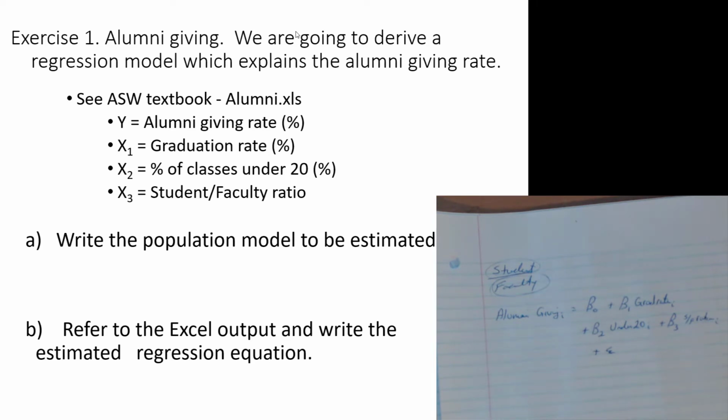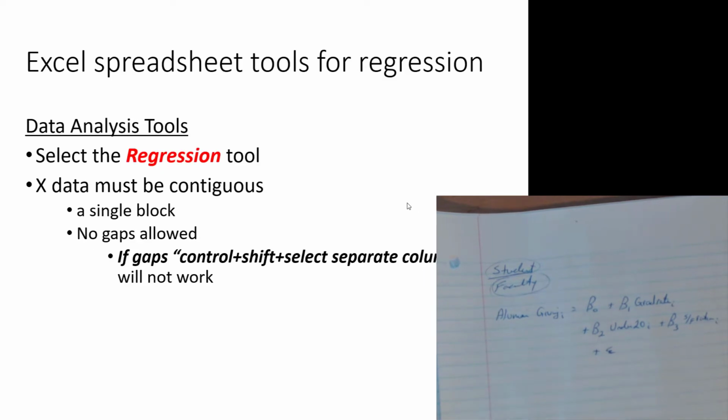Part B requires us to actually run the regression, to get output to write the estimated regression equation out. To do that regression, in the lab they'll go through the details of this and give you a little bit more guidance, and you'll do some more hands-on examples. This one I'm just projecting out there in a one-way form. There is the data analysis tab.